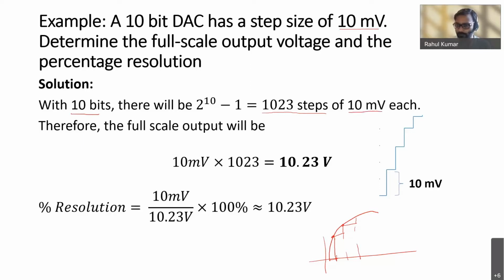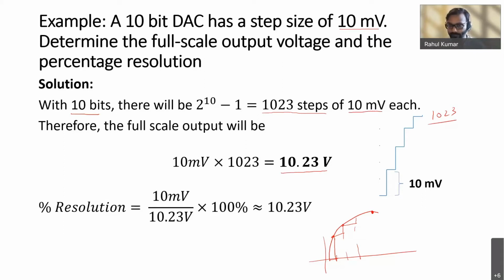So the maximum voltage, or the full scale voltage that we can detect: each step size is 10 millivolt, you have 1023 steps. So if you multiply them together, you'll get 10.23 volts.